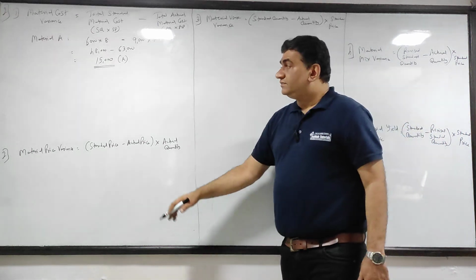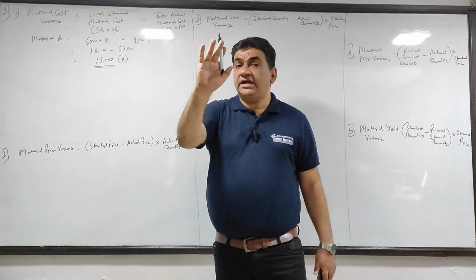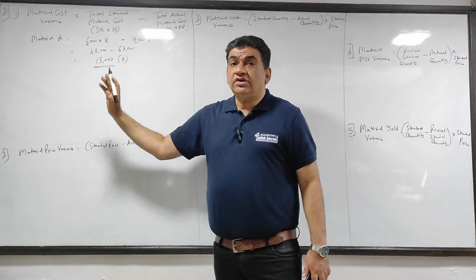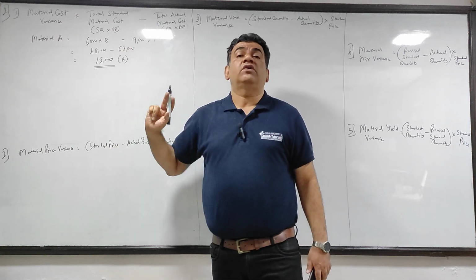Now see, there are two materials, so two variances. This is the answer of the first material. The final variance answer will be the total of the two.